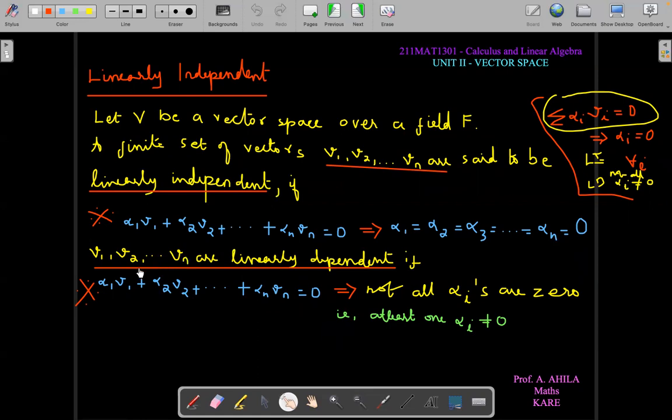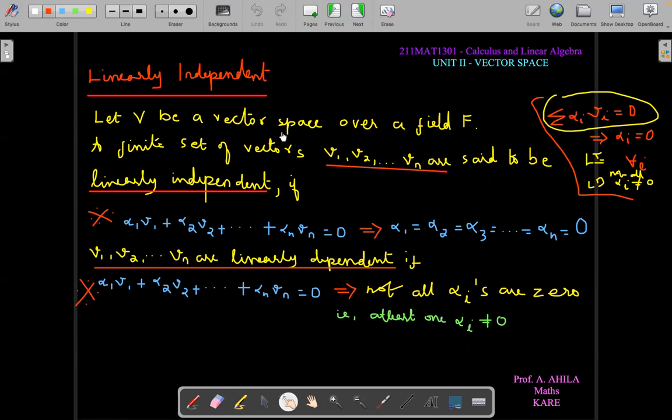In the other case, v1, v2, etc., vn are linearly dependent if they are not independent. So not independent means again we consider the same combination to be 0, that is, the linear combination is 0. Then if not all alpha i's are 0, then we say the vectors are linearly dependent. That is, at least one alpha i we should find not equal to 0. So remember this condition. Okay.